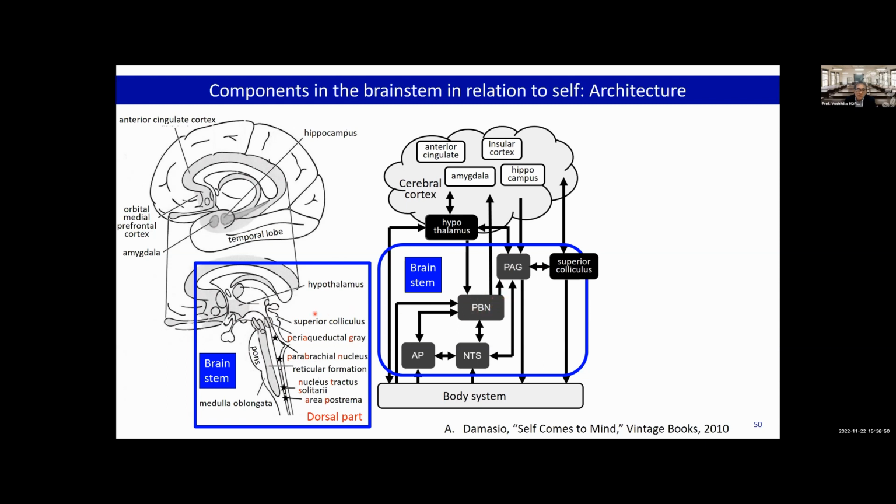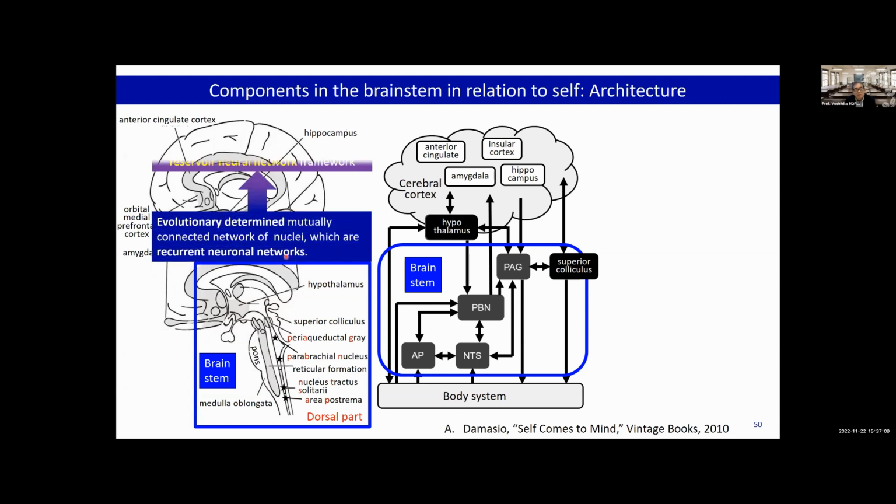This is a very old part of the brain. The connections in the nuclei are already evolutionarily determined, and those nuclei are actually recurrent neural networks. So we may use the framework of a reservoir neural network here, but we have those layered connections.